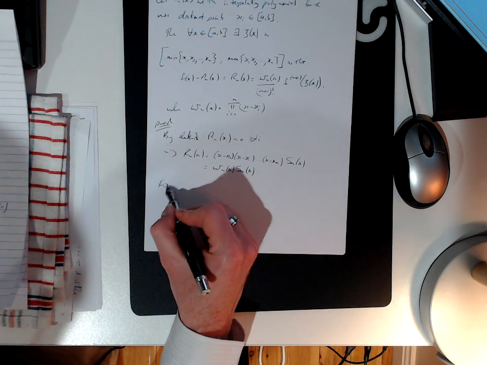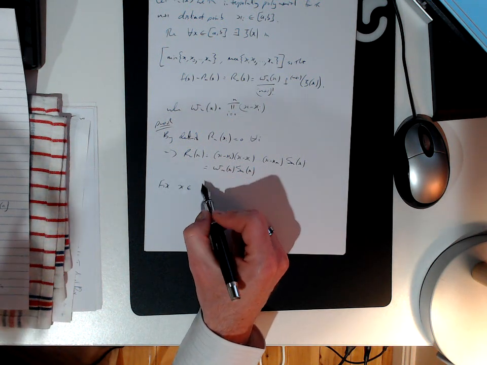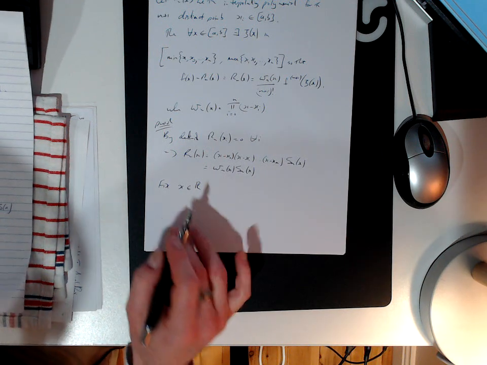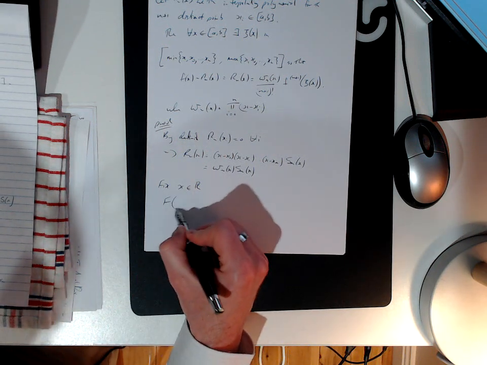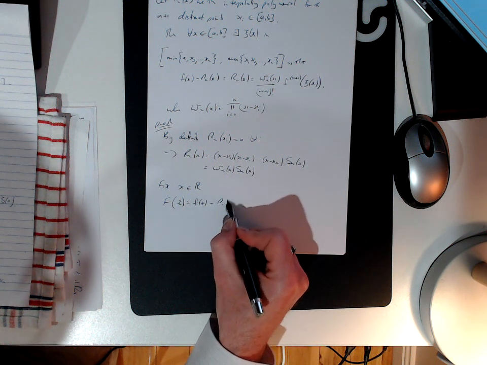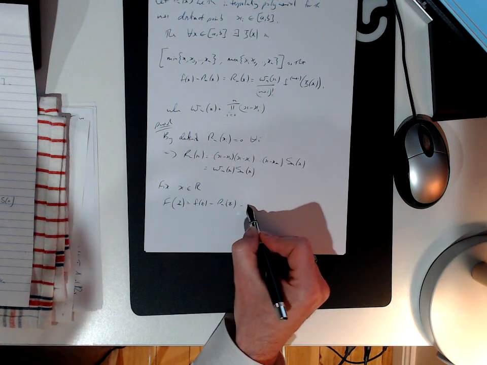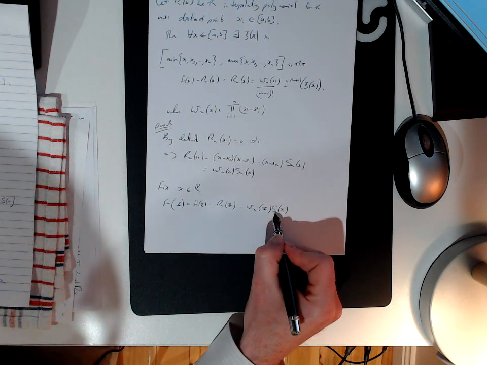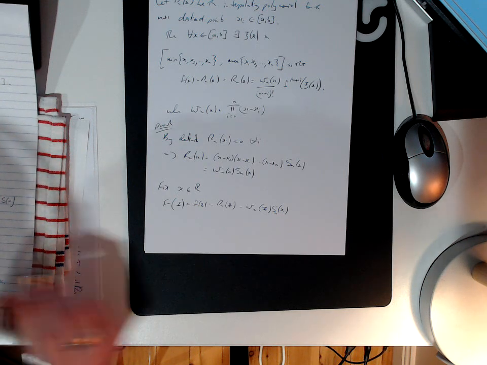So now we fix x inside our interval. We can take it inside the real numbers really. But we fix it, and we let F of z equal f of z minus the polynomial evaluated at z minus our wn at z times Sn of x.